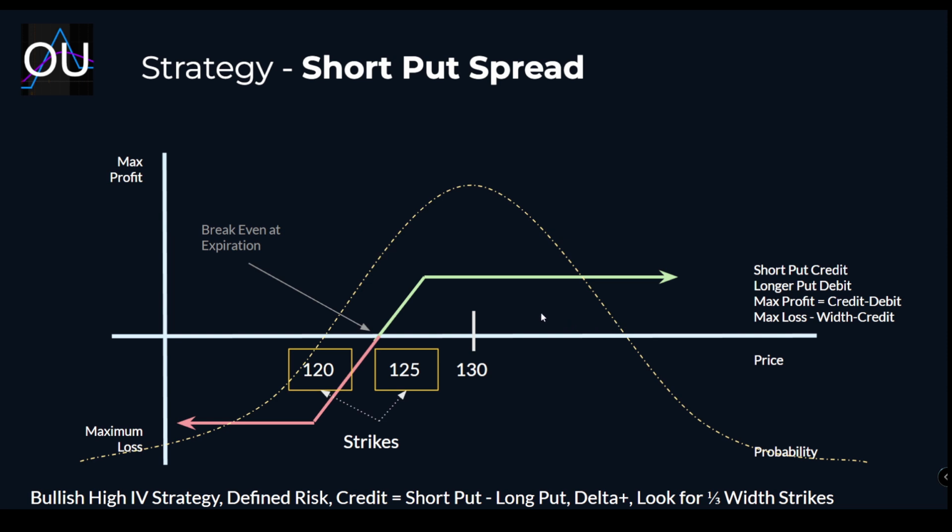A short put spread is just the opposite of that. You put your selling hat on because you're selling the strike nearer to the current price, and you're buying the put that's further out of the money for protection. We call these the wings.